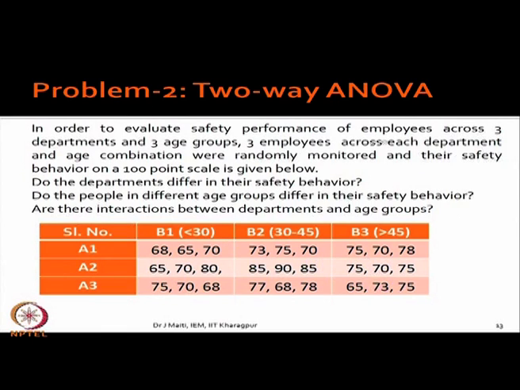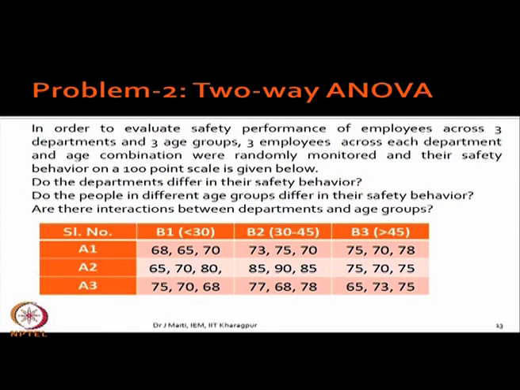In order to evaluate the safety performance, as I told you, 3 departments and 3 age groups are considered. That means our assumption here is that the 3 departments are 3 different populations or levels, and different age groups also have different levels. So, as there are 2 factors, we will not use the word population frequently, we will use the word factors.